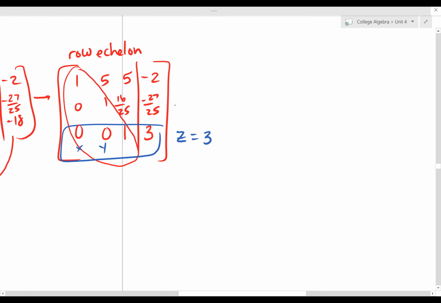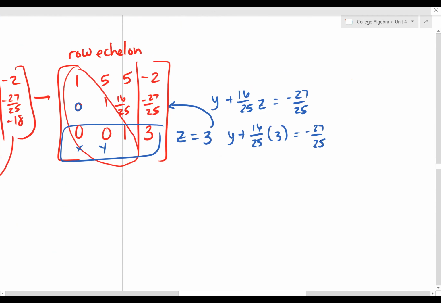And then we can back substitute that into row 2, which says 0x, 1y plus 16/25 z equals -27/25. So I'm going to substitute z into this equation. So y plus 16/25 times 3 equals -27/25.